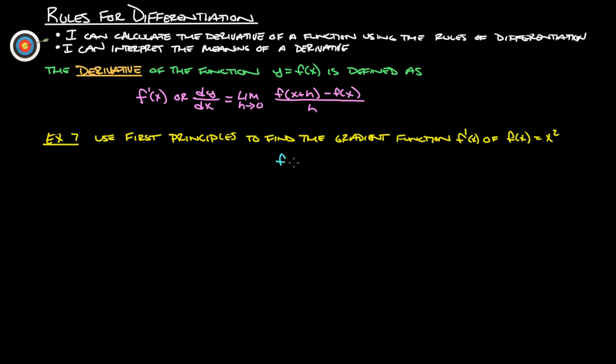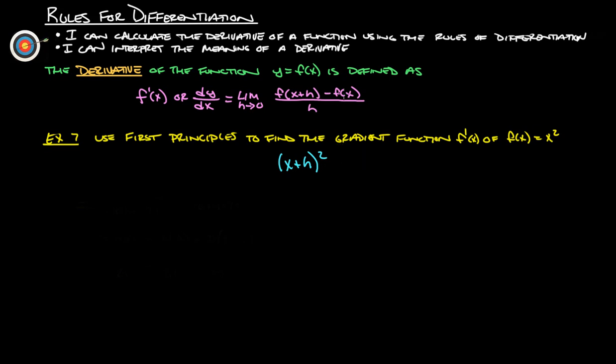So f of x equals x squared. We take x plus h and square it, because we're replacing the x with x plus h.